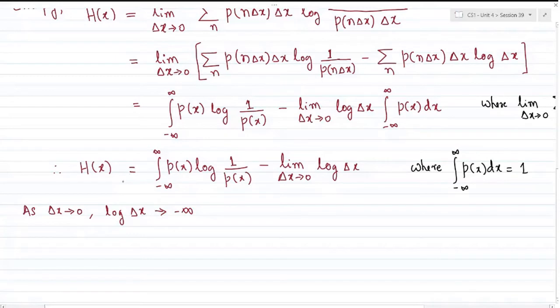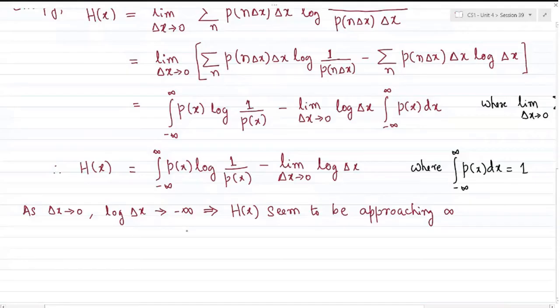So all in all, our entropy may seem to be approaching infinity, correct. That is the intuition from this result, associated with continuous ranges of values. A continuous random variable, as I said, assumes an uncountably infinite number of values, and hence the uncertainty will also be in the order of infinity.